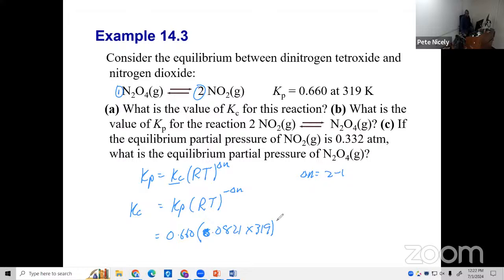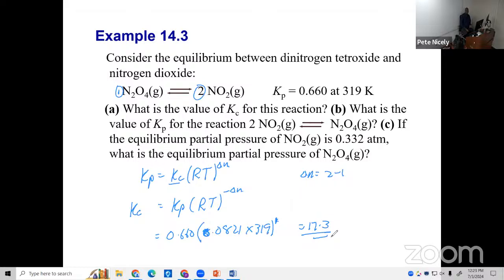So we put 1 here for delta n. Let's see what that gives: 0.0821 times 319 multiplied by 0.660. According to my calculation, the answer is 17.3, and that would be the answer for part A.